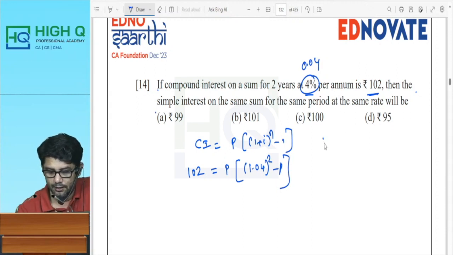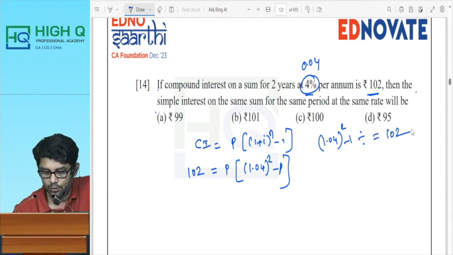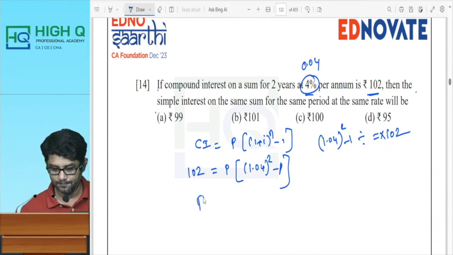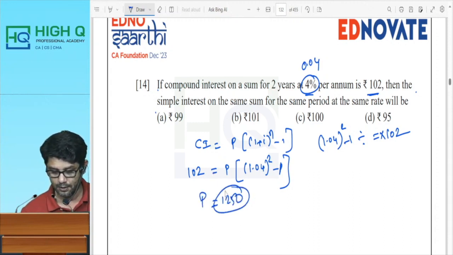Use calculator. 102 divided by (1.04 whole square minus 1). Tell me what you are getting. P is equal to 1250. Did you get it, my dear?